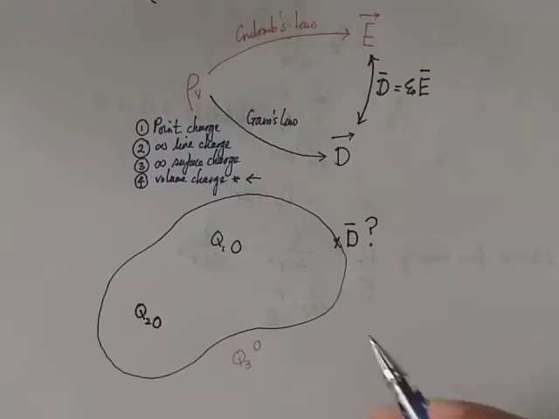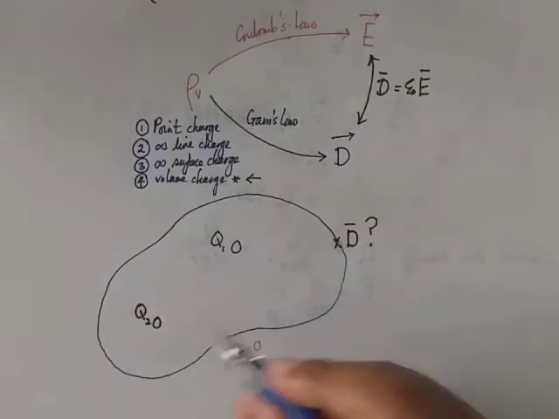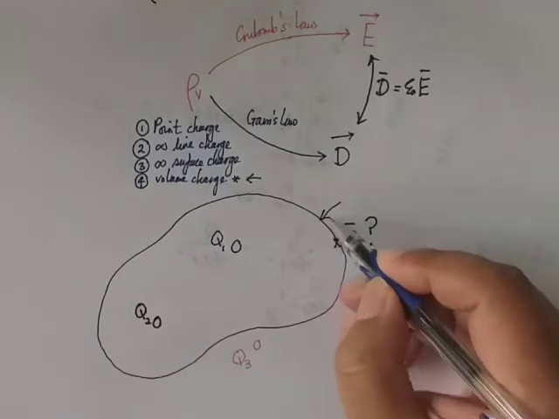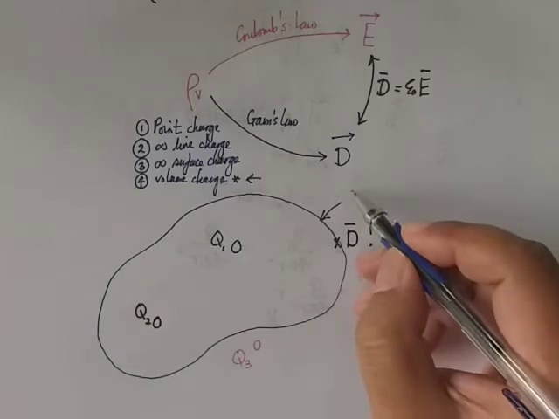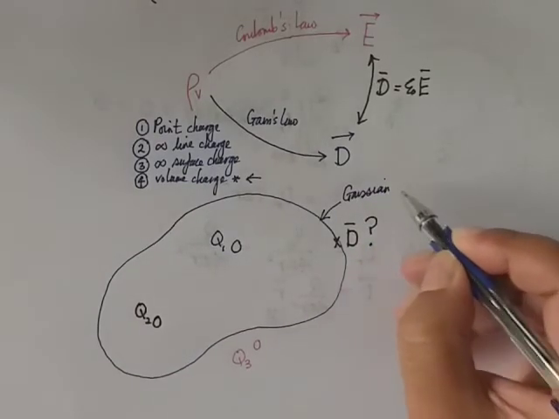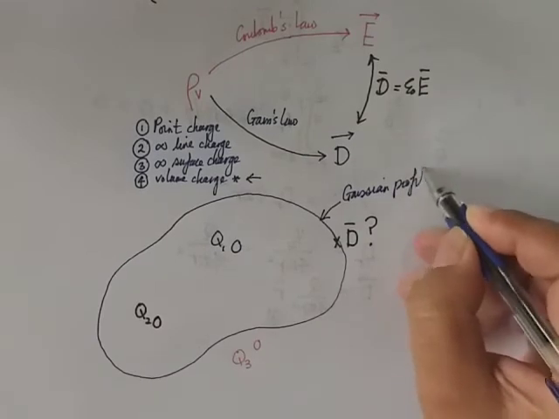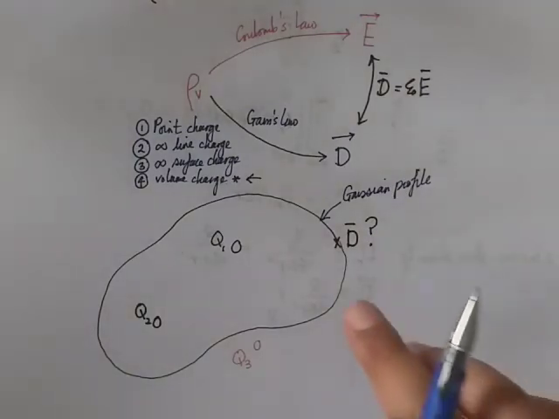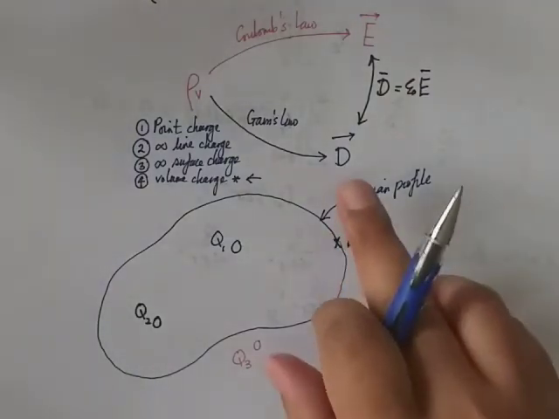The second characteristic is that it should be completely closed. There should be no holes. So this sensor, I'm going to call the Gaussian profile. Remember, if I want to use Gauss's law, I must know the location where I want to determine the field.